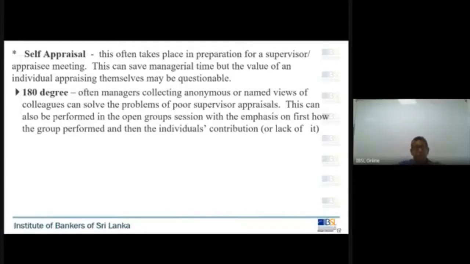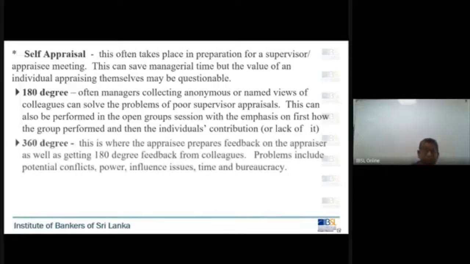You can fight. You can say, no, why did you give me less marks and less rating for this? So it's a two-way dialogue today. You can agree, you can disagree. The boss evaluates you and gives it to you to see whether he has evaluated you right. So you can argue on that.